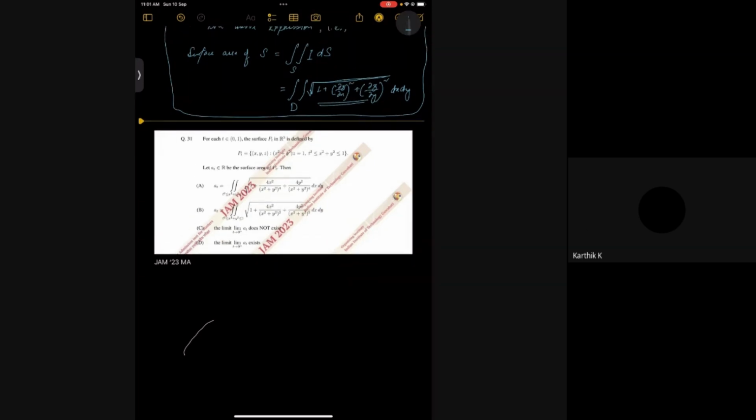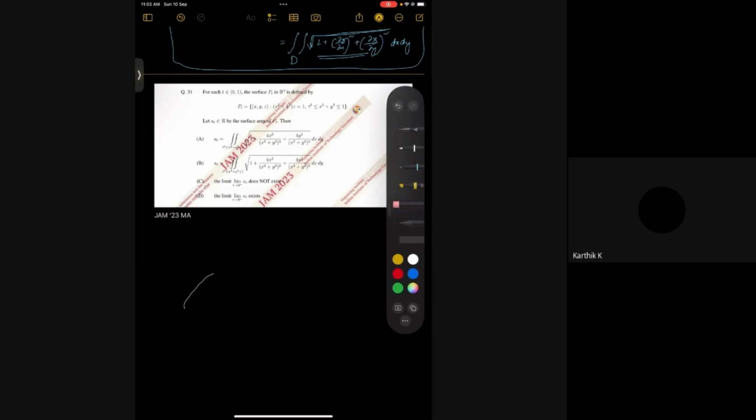So the next problem is, it was asked in Maths, Jan 2023. For each t belonging to (0, 1), the surface P_t is defined by this. Let A(t) be the surface area of P_t. Then what is A(t)?